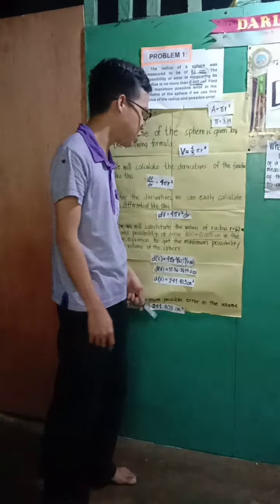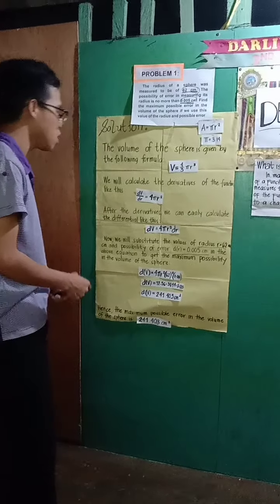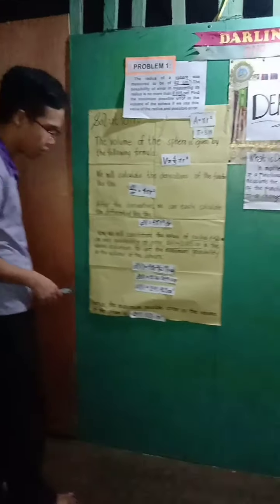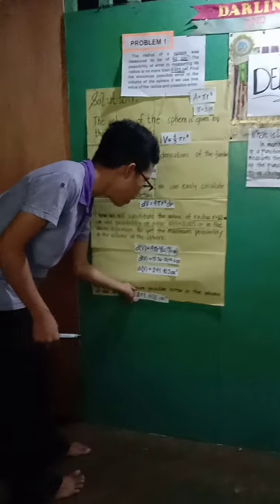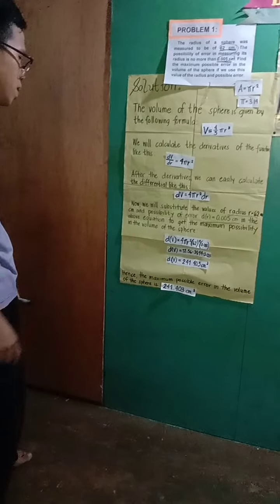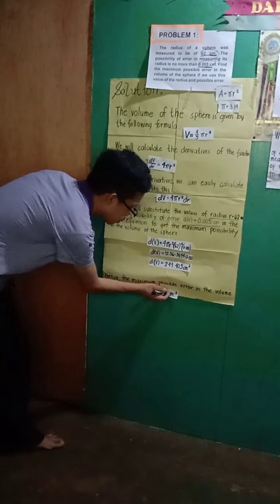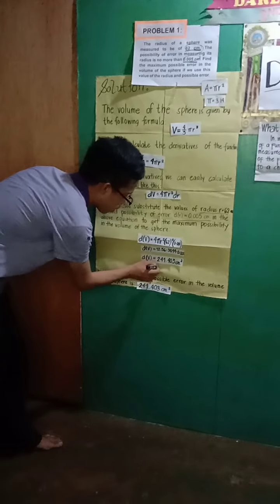Then copy the 0.05, which is the possibility of error. So the derivative of volume is equal to 241.403 centimeters. Hence, the maximum possible error in the volume of the sphere is 241.403 centimeters. We found this.